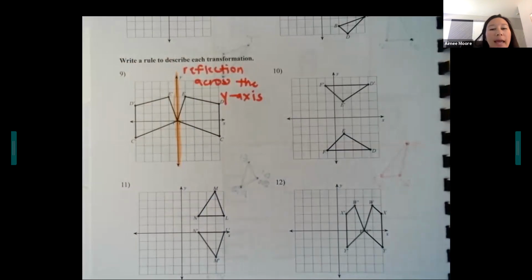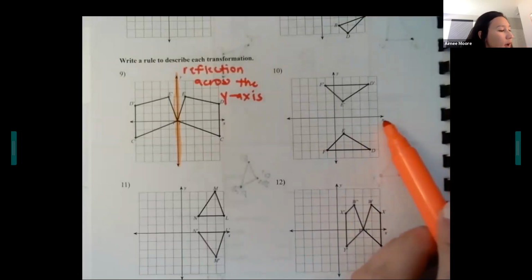What do you think number 10 is? I think that one's also across the y-axis. So you're close. But which axis is that?